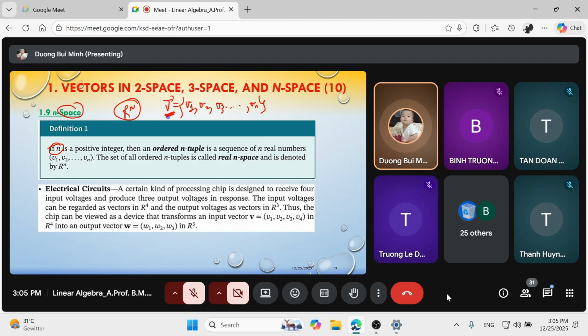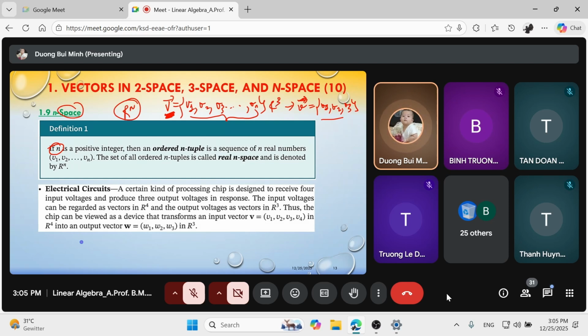That means every vector has n elements, n components. So if we have R3 and we would like to indicate vector v, vector v includes v1, v2, and v3, because we have 3 dimensions.